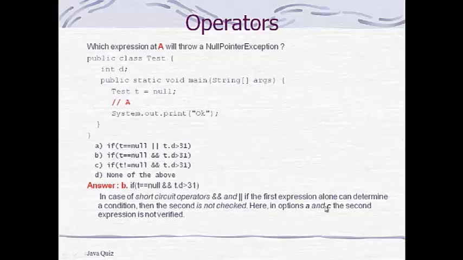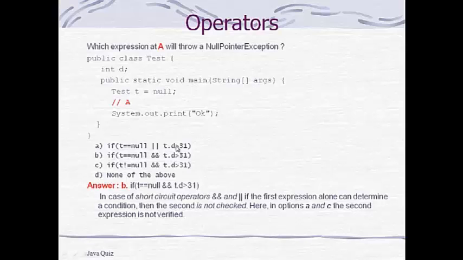So in case of A and C, the second expression is not verified. If T equal null, it is null, it is true. If it is OR, there is no need to check the second one. We already determined it is true, so it comes out.